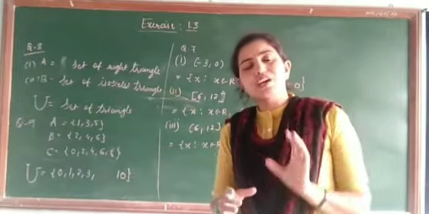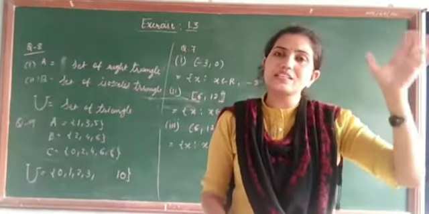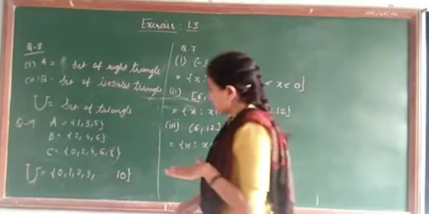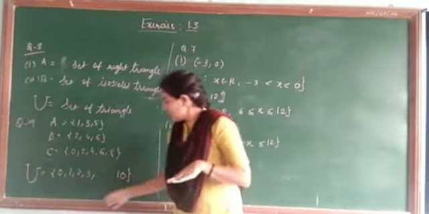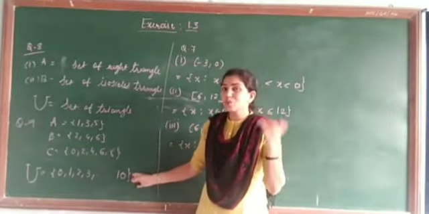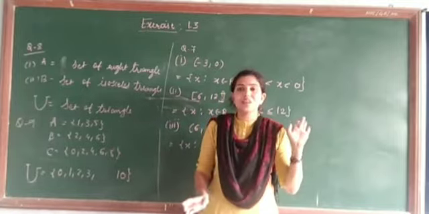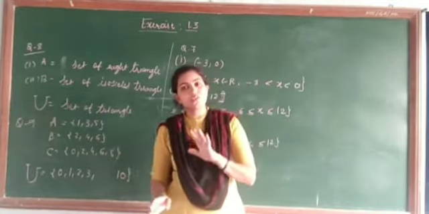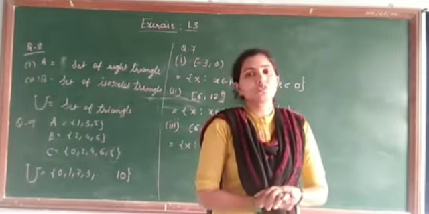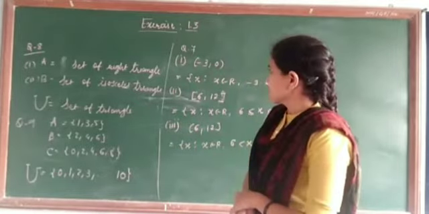Okay, and generally we take the smallest set we can consider. So here we have this first one, 0 to 10. If someone takes 0 to 9, then also no problem with that. 0 to 9 is also a universal set. Okay, so this is the concept of the universal set.